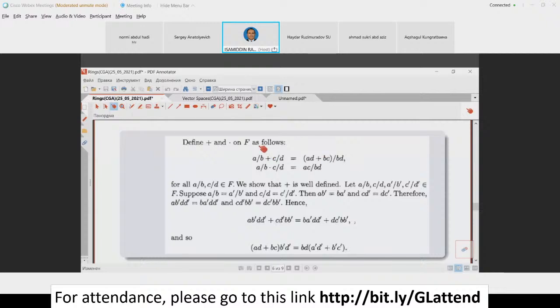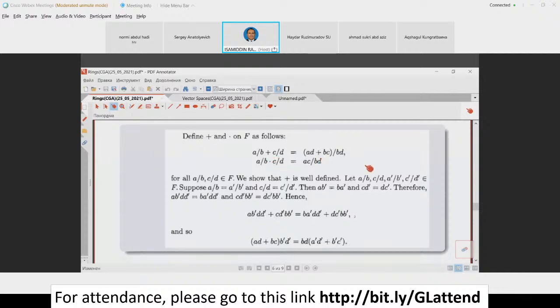First of all, it is a commutative ring, because any integral domain is commutative, so addition and multiplication are commutative. These two operations are well defined. How to prove it?